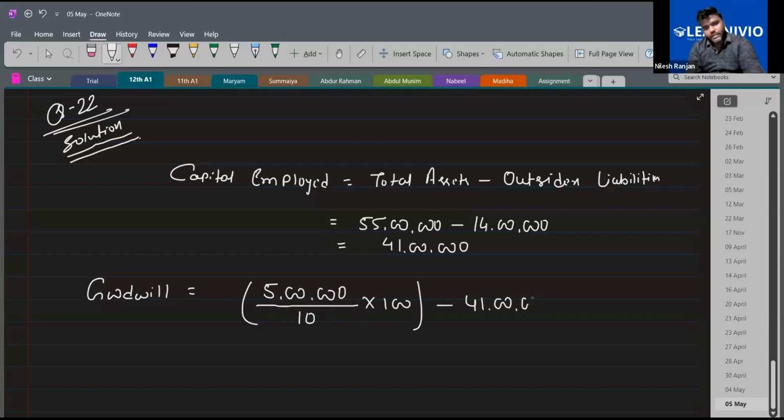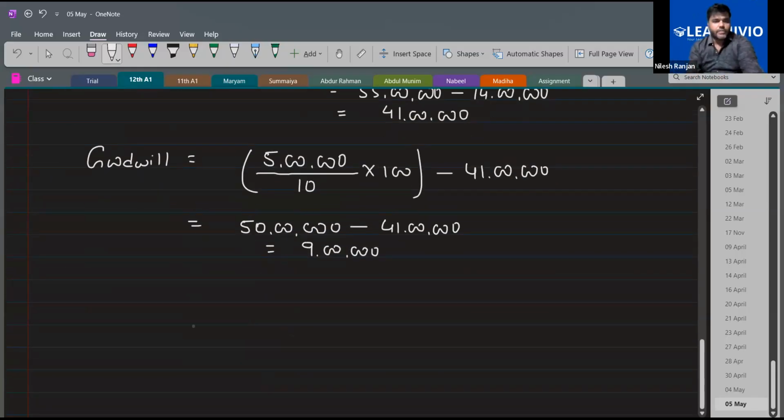So it is 50 lakh minus 41 lakh. Goodwill is 9 lakh. So this is very simple.